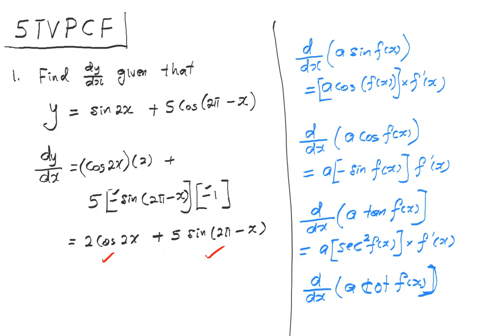So this one we will get negative cosecant square f(x) times f prime x. So these 4 formulas are a must to write down so that you can do it straight away. For tangent and cotangent, you don't have to use the quotient rule to get the answer. Are you clear?